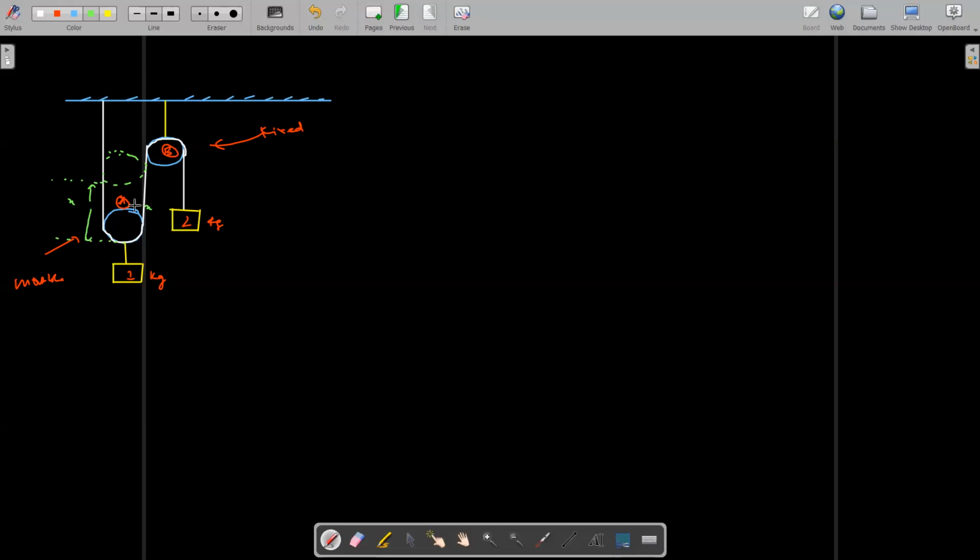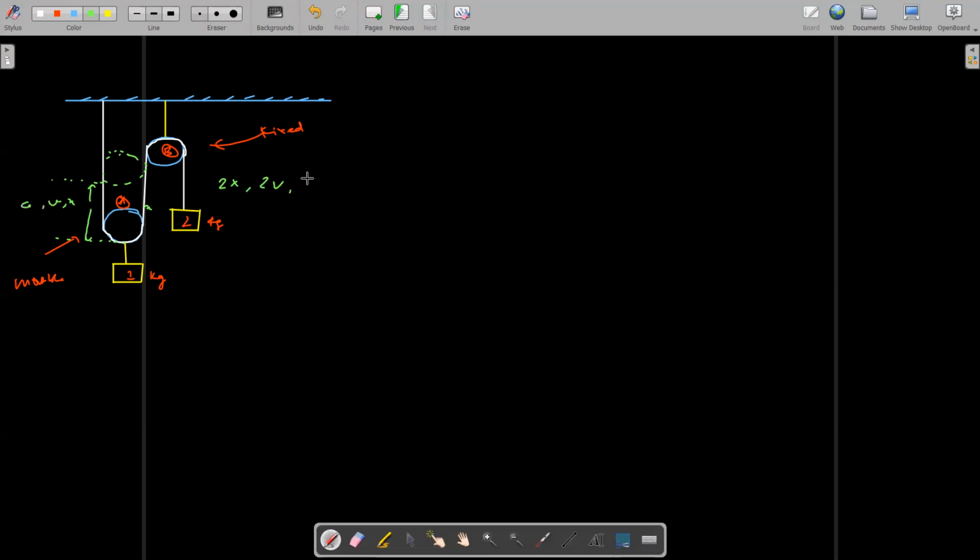What happens here is that this one actually gets displaced by 2x distance. If on one side the displacement is x, then since the total length of the string is constant, it will move by a distance 2x, right? The same holds for velocity: it will be moving with a velocity 2v.